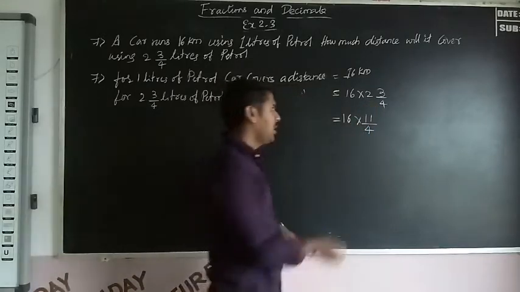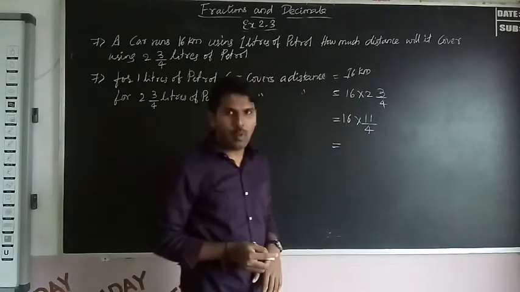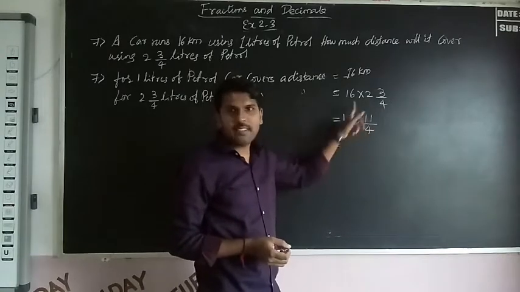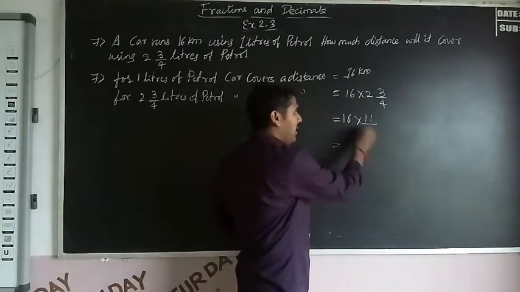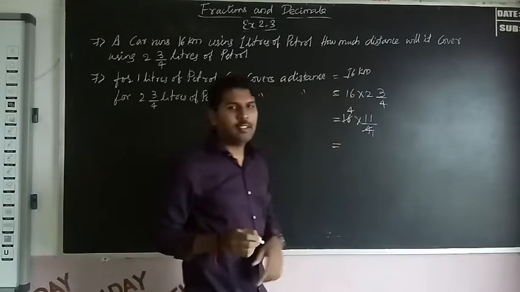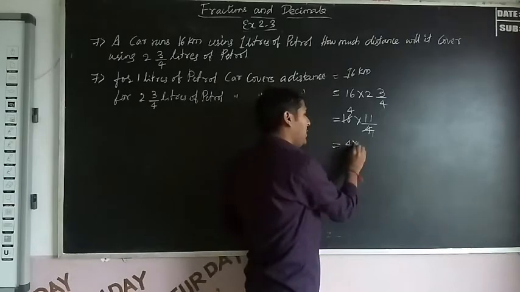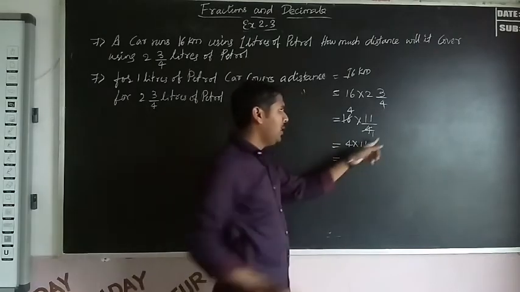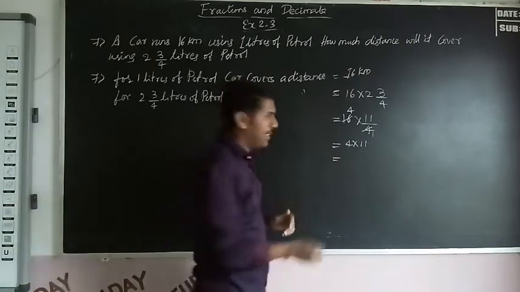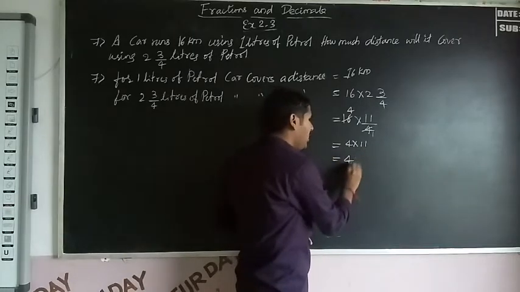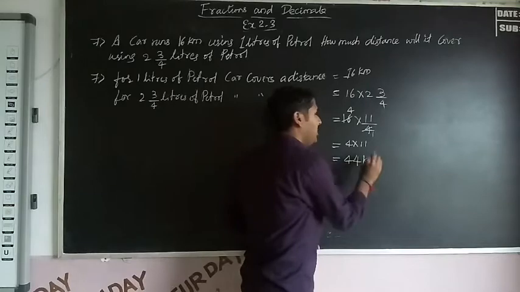So now here cancellation is possible. 16 is in the numerator and 4 is in the denominator. So cancellation possible. 4 1s are 4, 4 4s are 16. So now the remaining numbers are 11 into 4. 1 is always there, so just neglect it. 11 4s are 44 kilometer.